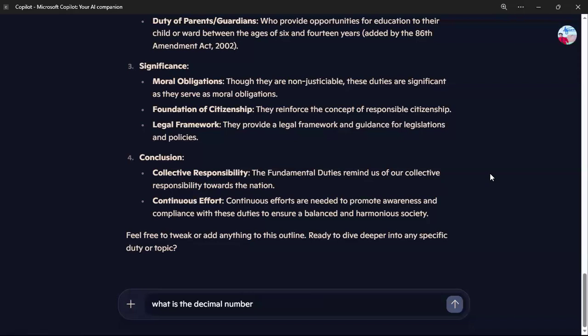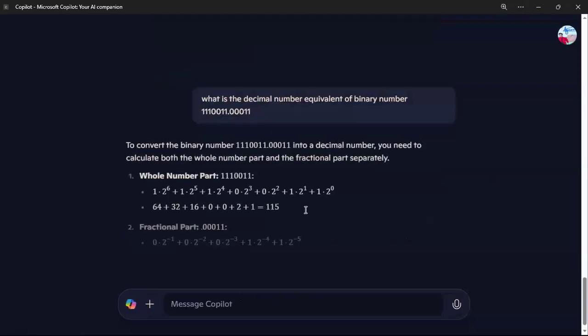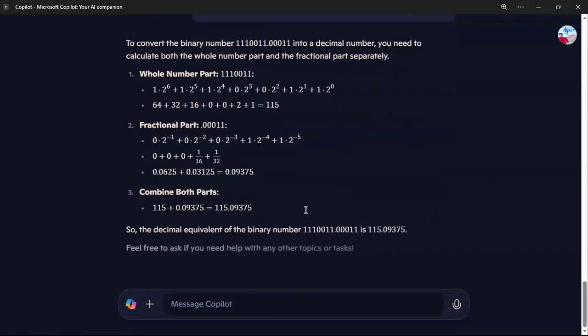What was your answer? 3 ones, 2 zeros, 2 ones, and then point 3 zeros, 2 ones. It's fine. So that is 115.